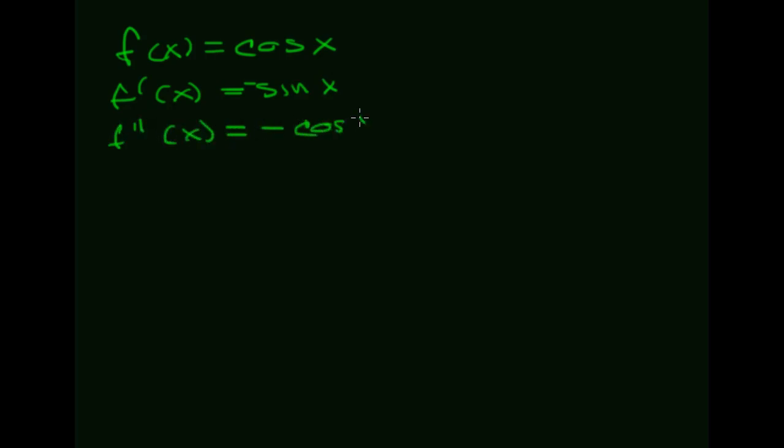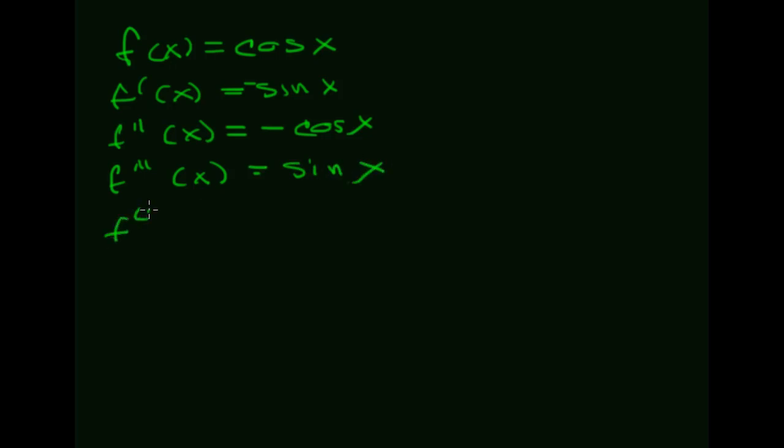Okay, so for cosine, f of x is cosine of x. F prime of x is negative sine of x. F double prime of x is negative cosine of x. F triple prime of x is going to be sine of x.